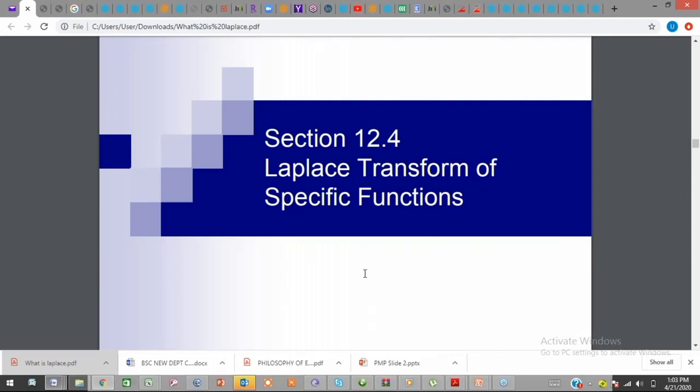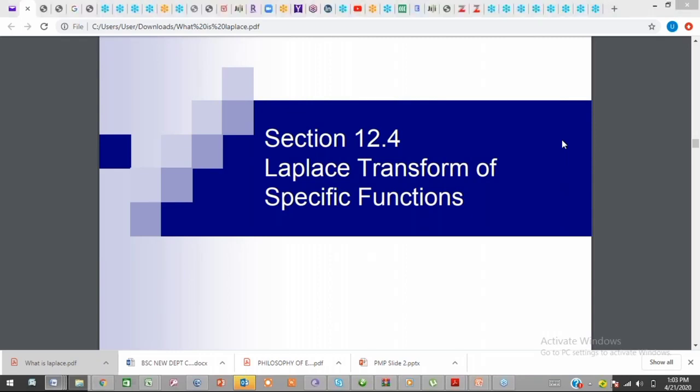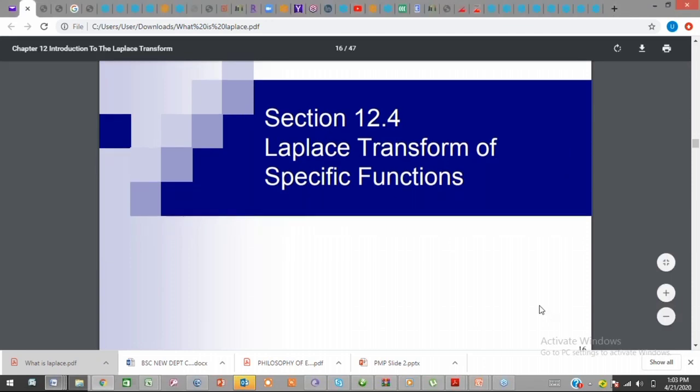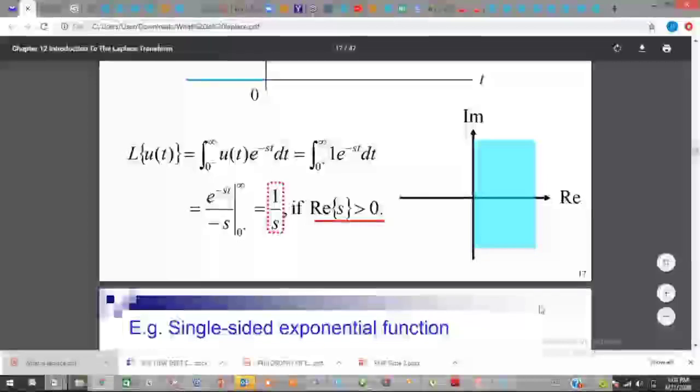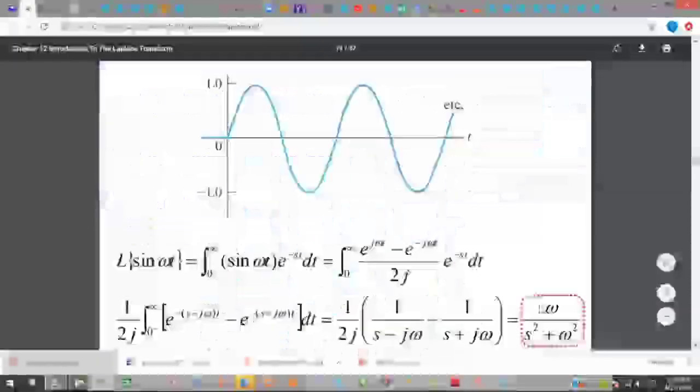For the second order derivative, let g of t equal the derivative of f of t, so that G of s equals s F of s minus f of 0. On page 25 of my slides, we're looking at the second order derivative.